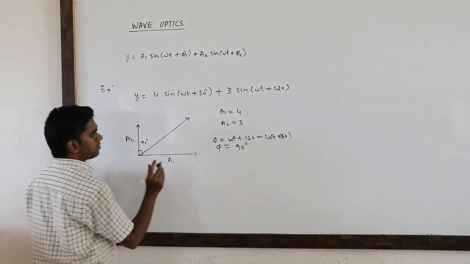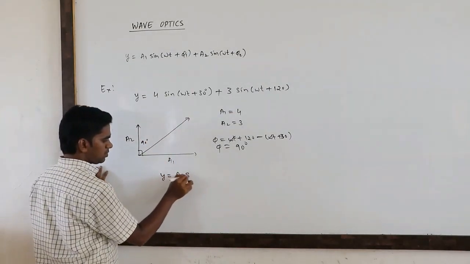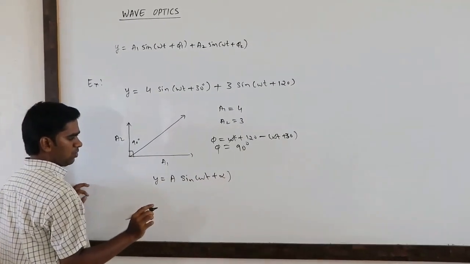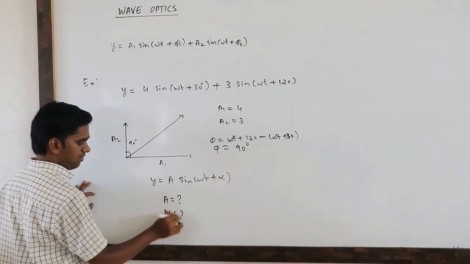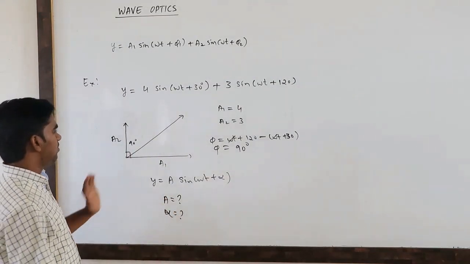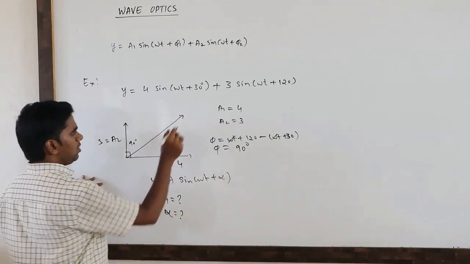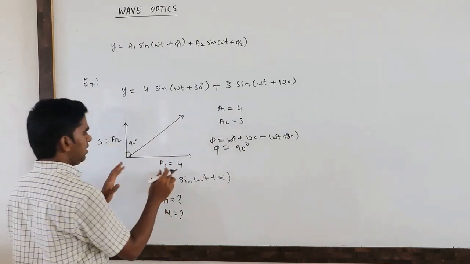Now see here, your resultant you want to write as y equals a sin(omega t plus alpha). What are the things you want to calculate? You want to calculate a and alpha. To find a is very easy. If this is 4 and this is 3, what is the resultant?